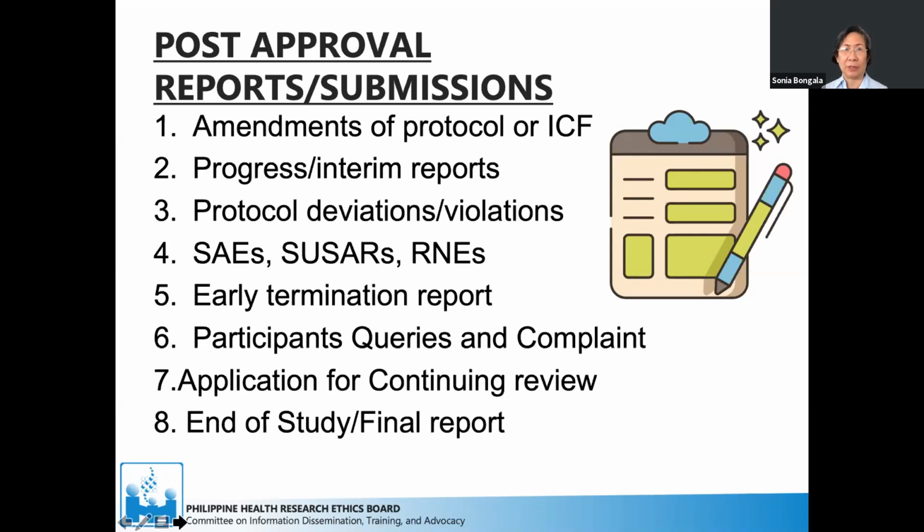Just seeing to it that although there were violations or deviations in the implementation, the Research Ethics Committee will try to see whether because of the violations or deviations, the patients were harmed or put at an increased risk.